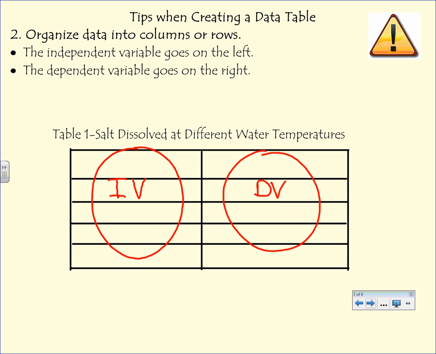I say that is logical because it's the cause and then the effect. The cause and then the effect. Independent variable goes on the left-hand side, the dependent variable goes on the right.